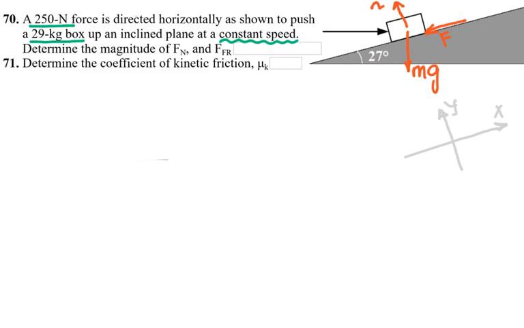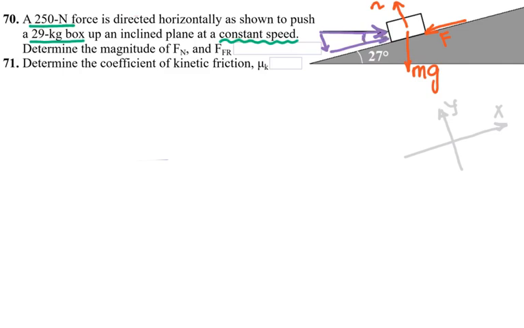And the force that is acting, this force, is not aligned with any of the horizontal and vertical lines. So I need to make projections of it. So I'm gonna drop the one that is perpendicular to the surface and the one that is parallel to the surface.